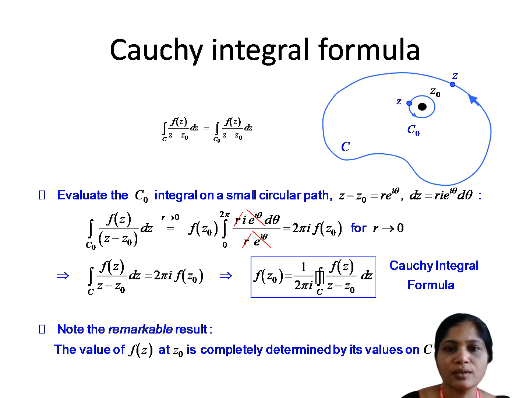Here the small circle shrinks, that means it becomes very small, that is R tends to 0.